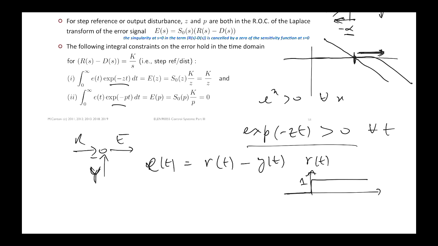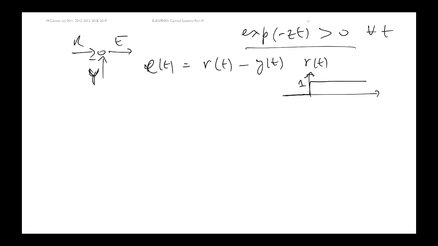Now, if y is initially at 0, which is consistent with the reference being 0 before time 0, then what's going to happen to the error signal? The error signal will eventually be positive, because this has become 1 and this is 0. So initially, the error jumps up to become positive at time 0. So it starts off positive.